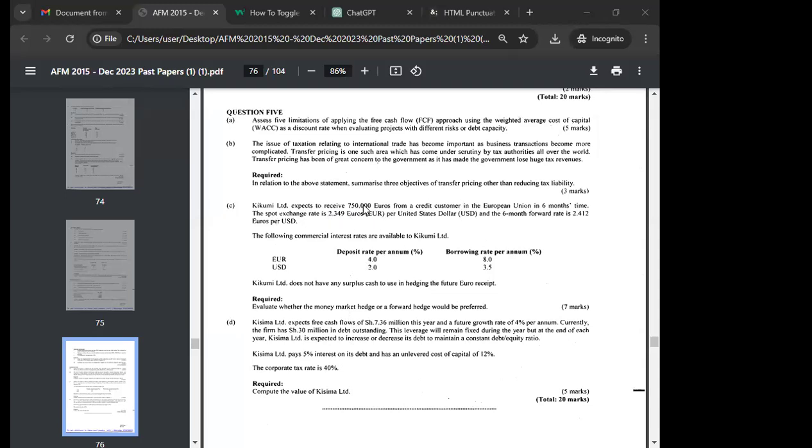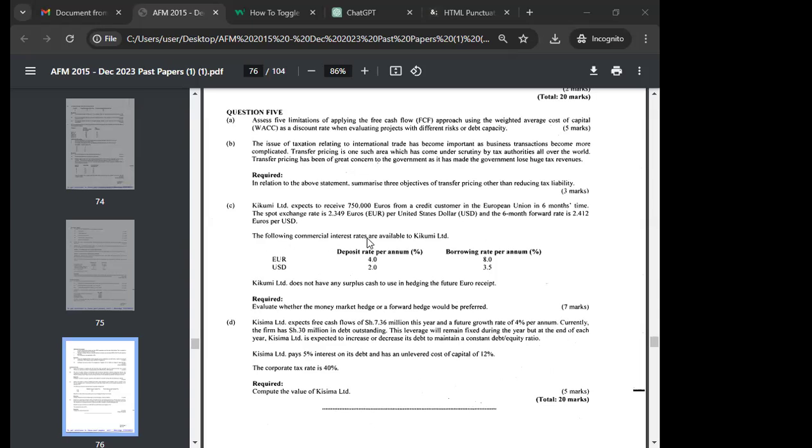They expect to receive, that is a receipt, in 6 months' time. The spot exchange rate is 2.349 euros per dollar, and the 6 month rate is 2.4 per dollar.